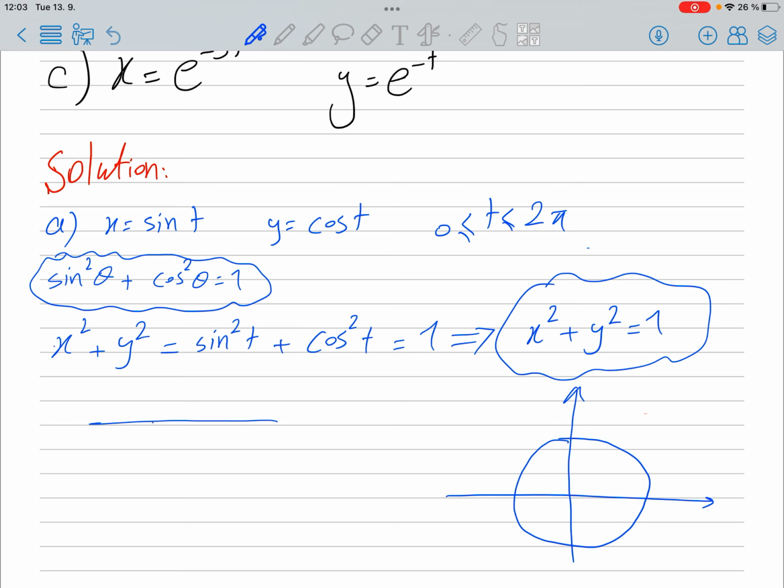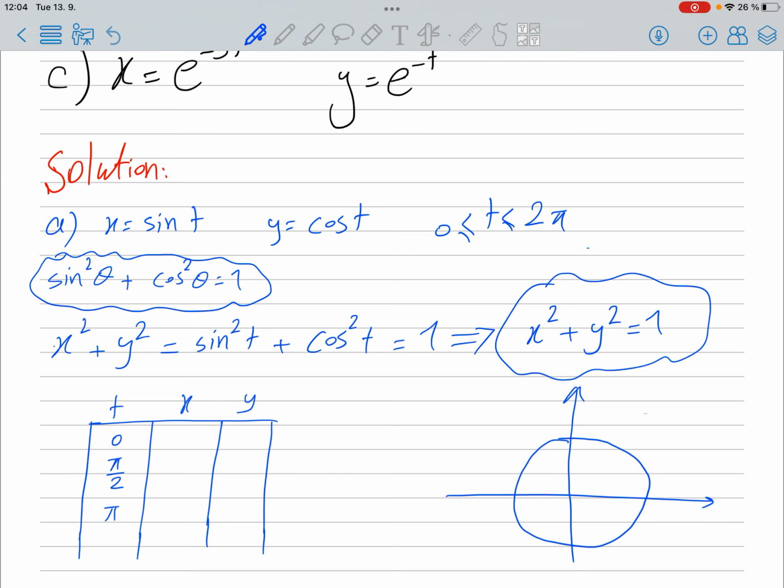To indicate the direction of the curve, you can easily draw a table for different values of t and then obtain the values of x and y. For example, put t to be 0, pi over 2, pi, and you can go ahead, but I think it's not necessary.